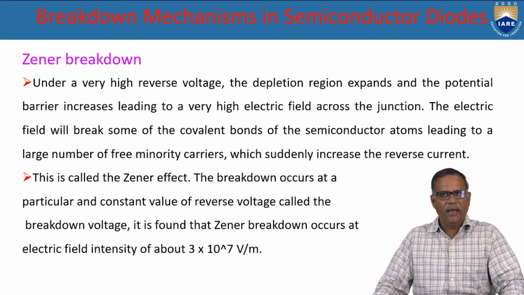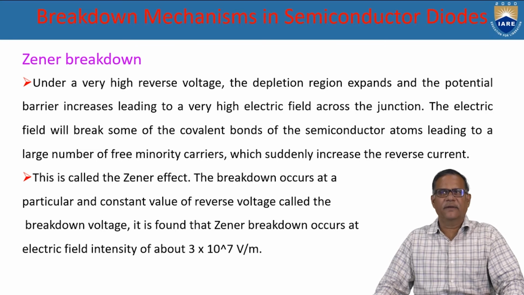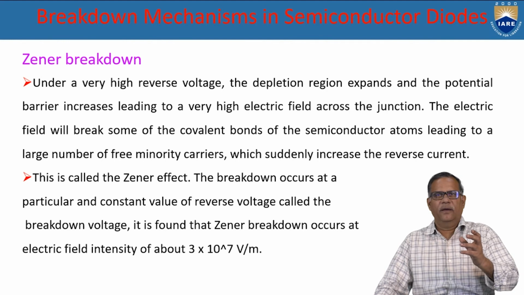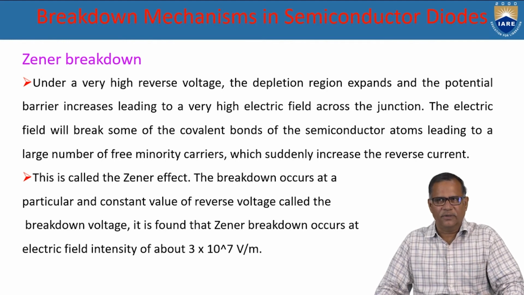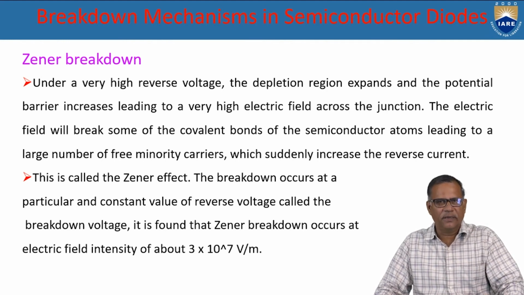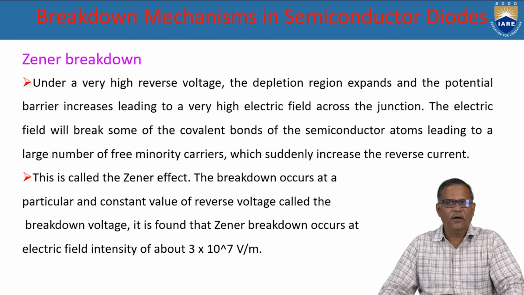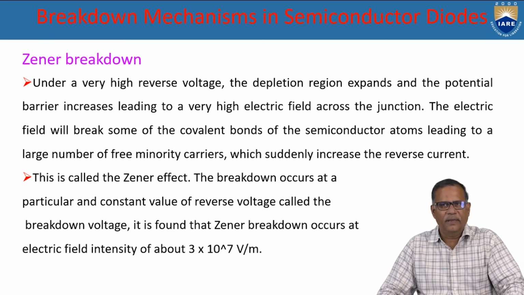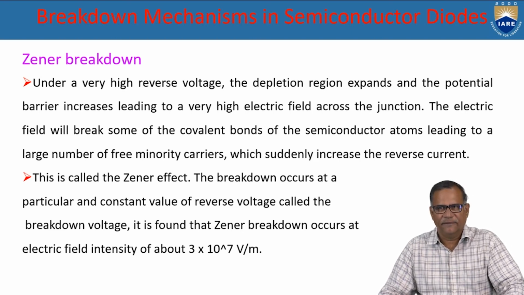Under a very high reverse voltage, the depletion region expands and the potential barrier increases, leading to a very high electric field across the junction. This electric field breaks some of the covalent bonds of the semiconductor atoms, leading to a large number of free minority carriers, which suddenly increase the reverse current. This is called the Zener effect.